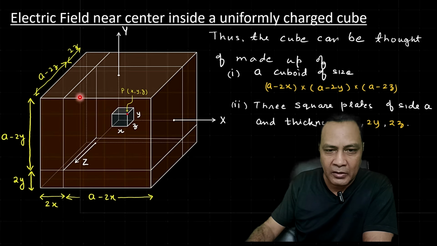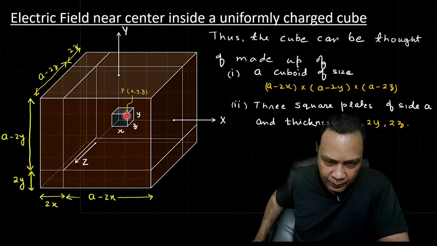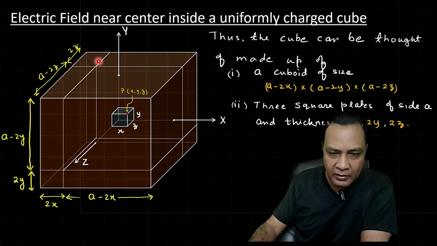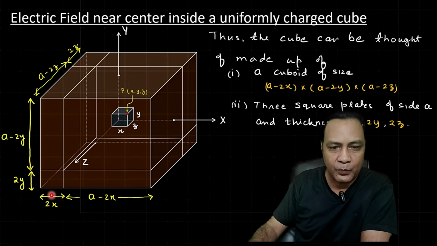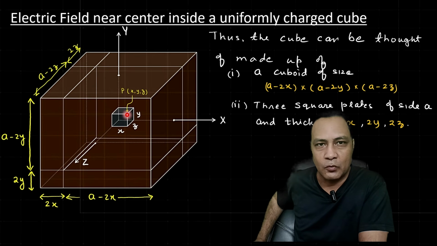You can take any, let me take this square plate along the x direction. This is very small, so this point is approximately a by 2. This point is very close to the center. So basically, if I take this square plate of side A, this is at a distance a by 2 from the center of that plate approximately.